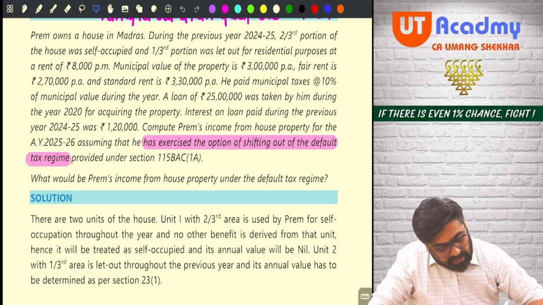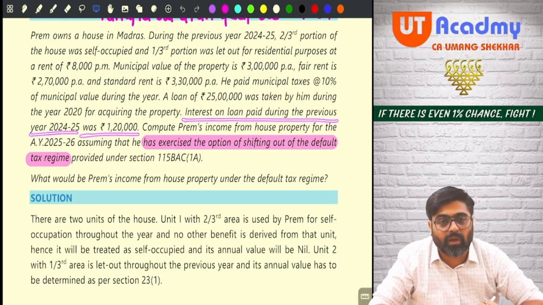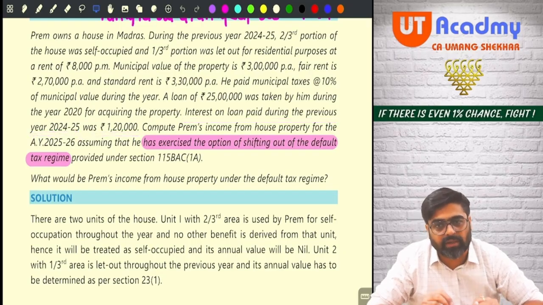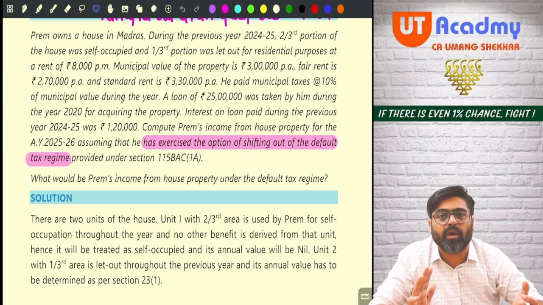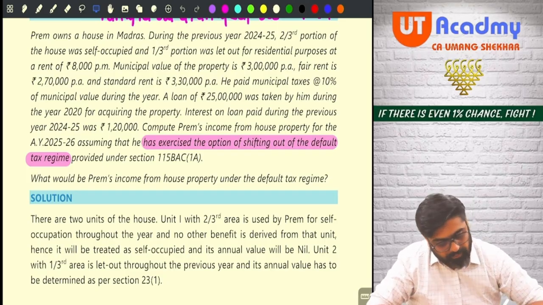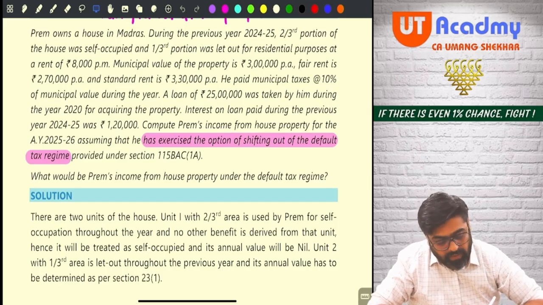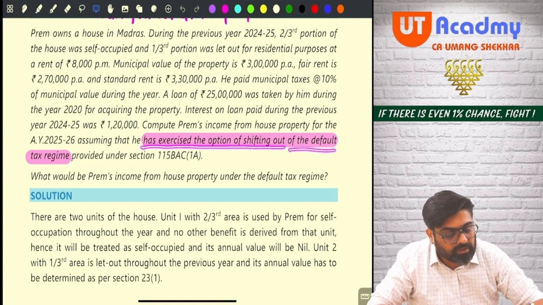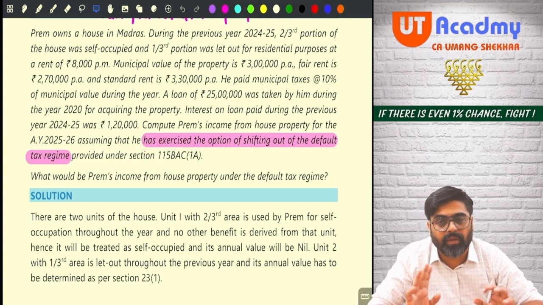Next one. Interest on loan paid during the previous year 24-25 was 1,20,000. So you are not supposed to calculate that interest also. That interest is also given to you. Okay. So for this year, how much is the interest on this loan? 1,20,000. Out of that, 2/3 for SOP portion and 1/3 for LOP portion. Okay. Compute Prem's income from house property for the assessment year 25-26, assuming that he has exercised the option to shift out of the default tax regime, meaning he is not following 115 BSE.